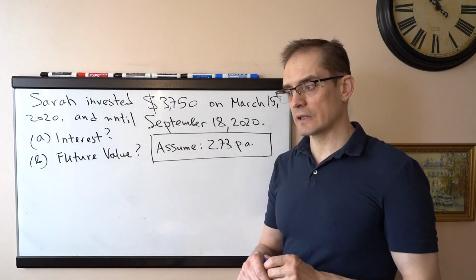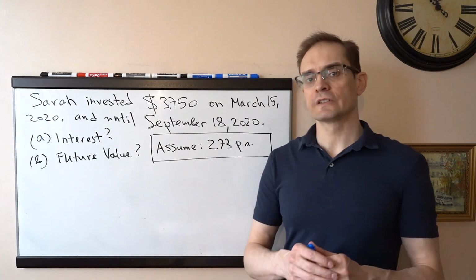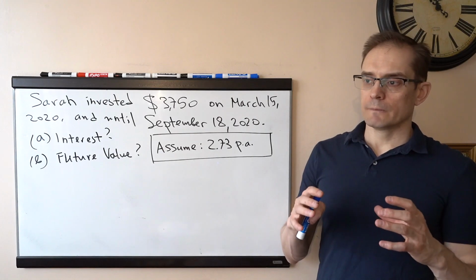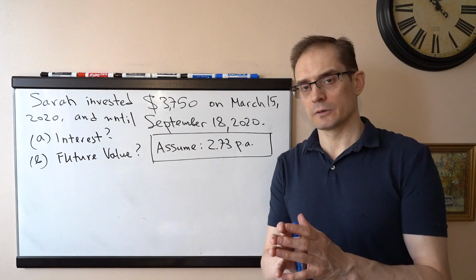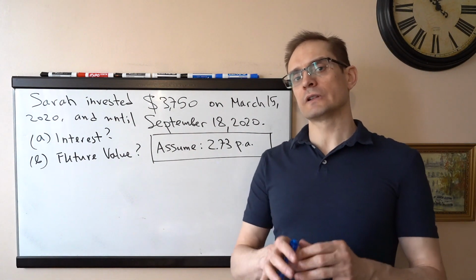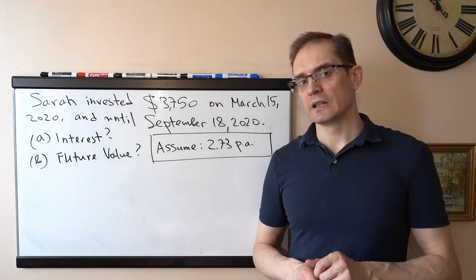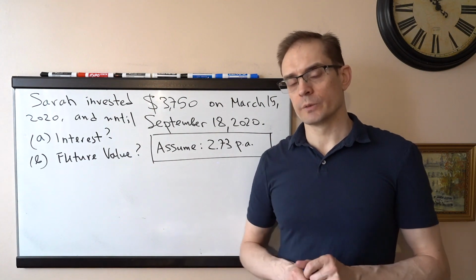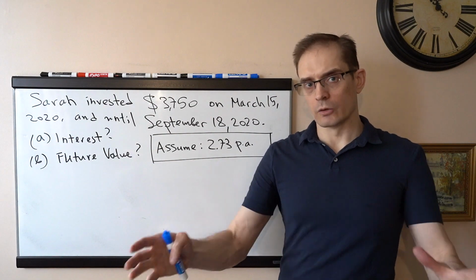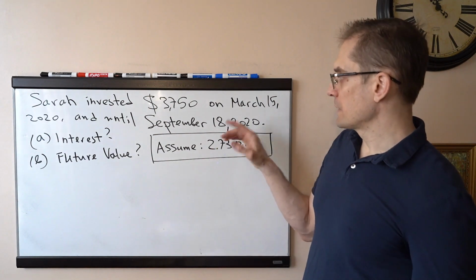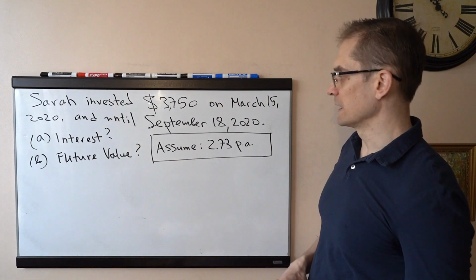In financial mathematics, in consumer financial mathematics, the type we study in this course, there is no interest within one day. So if you invest your amount in the beginning of the day and pick up at the end of the day, usually you would not get paid interest for that very short period of time. Interest starts when the time frame is longer than one day. So this March 15 itself is going to be day 0. There is no interest earned over that day.